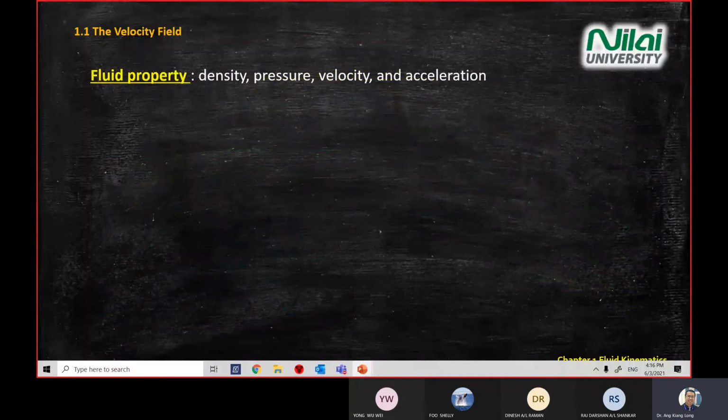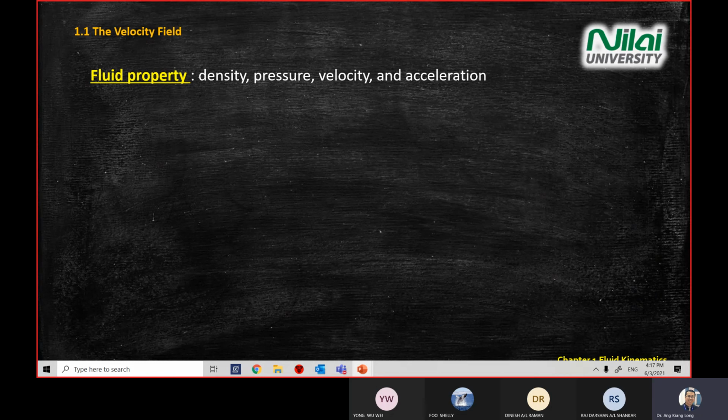Okay, the first one, we look at your tutorial question number 1, which asks you a simple question. What is an example of fluid properties? So examples of fluid properties, we look at density, pressure, velocity, and acceleration. So we start with density. We start with this symbol, rho.